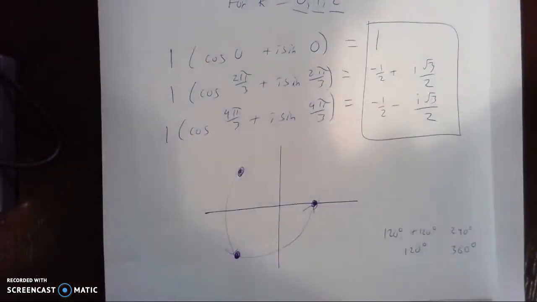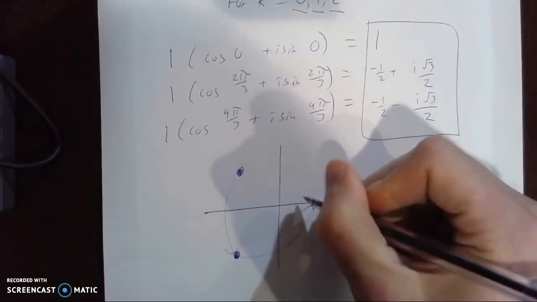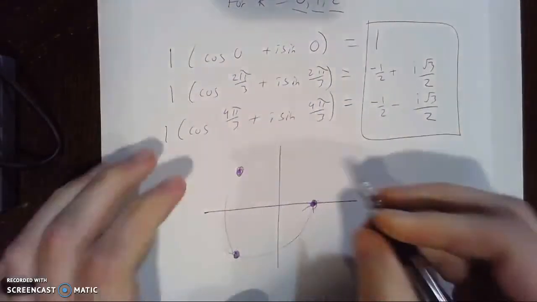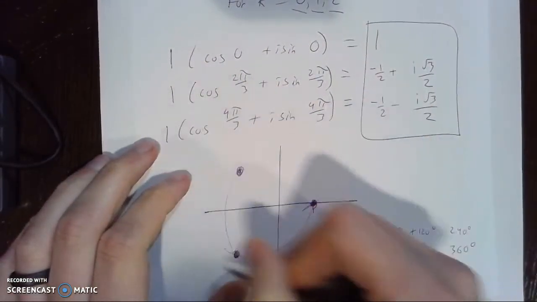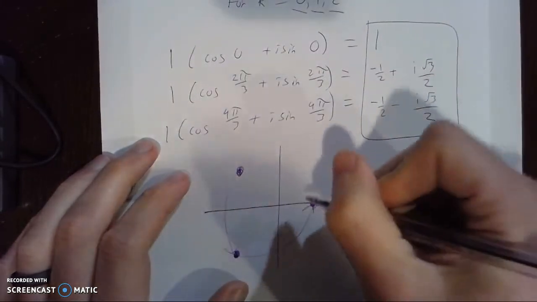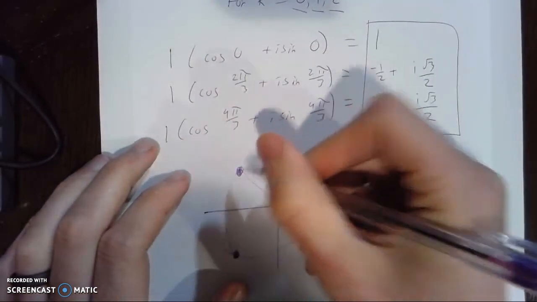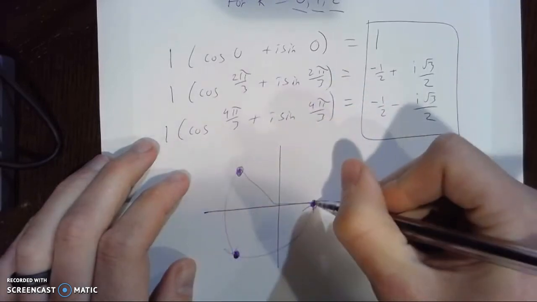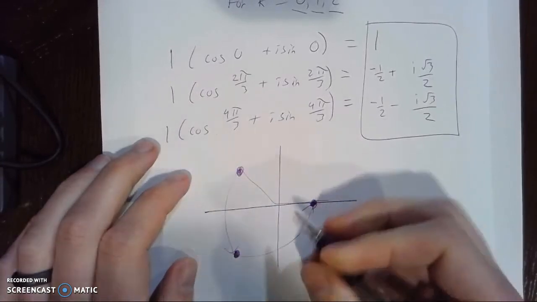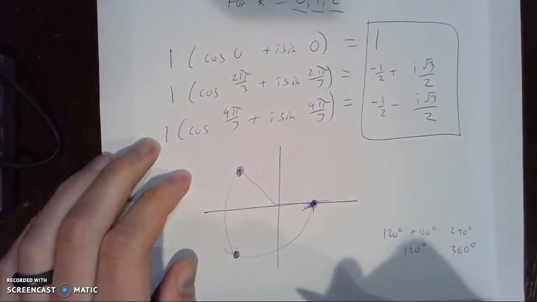So basically what we ended up doing is we chopped the plane up into 3 equal parts. And then you can start at any of those and rotate the appropriate amount of times to land back where we want to start over here. So 0, I don't move at all, I'm back here. If I start 120 degrees away, and then I move 120 degrees twice, I land back where I want. If I start 240 degrees away, and I move 240 degrees twice, I land back where I wanted to.